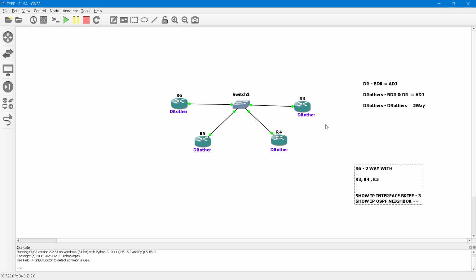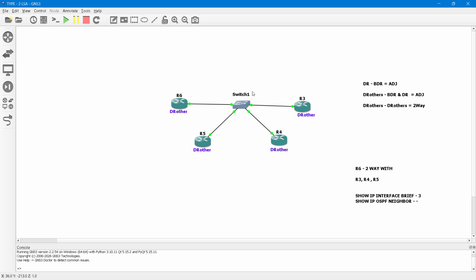Now if you want to revise what we have studied before, every router generates type 1 LSA, right? This is what you have learned. And only type 2 LSA or network LSA is generated by the designated router, only by the designated router.